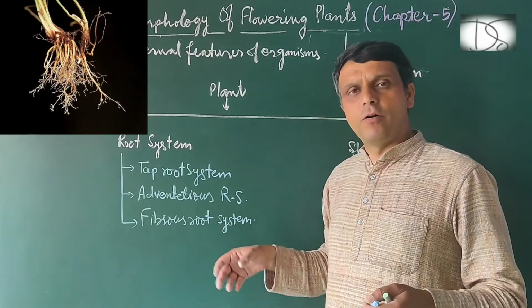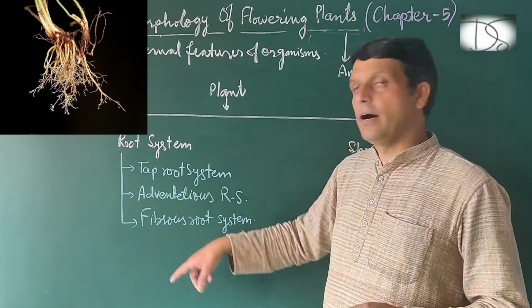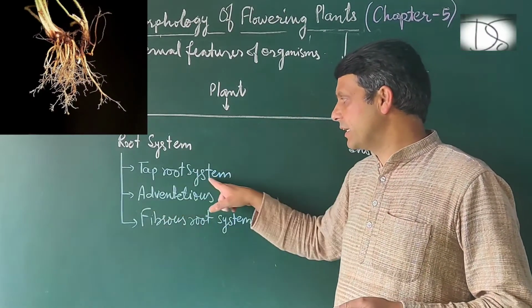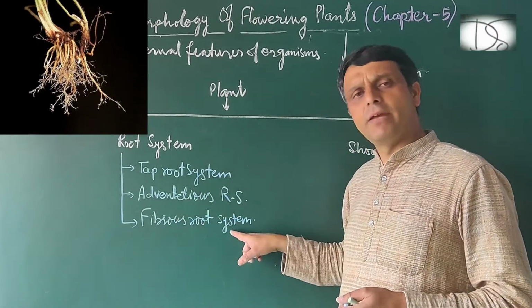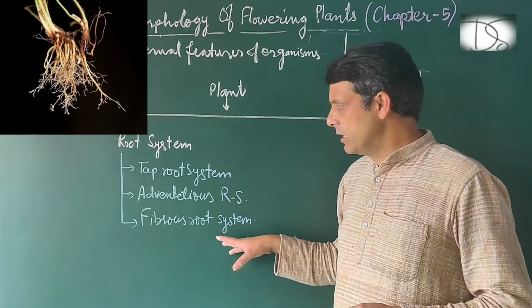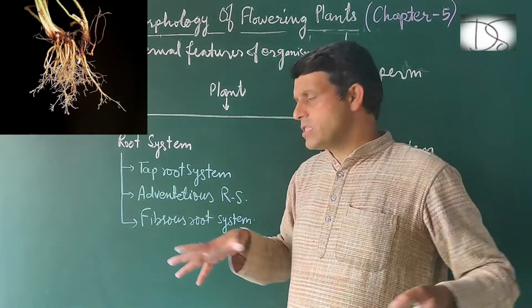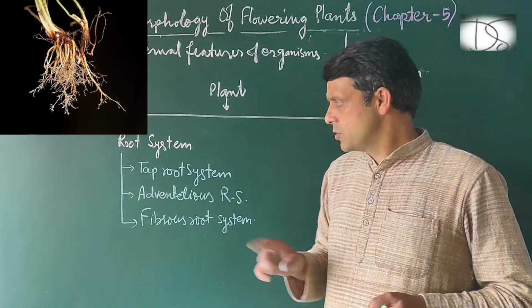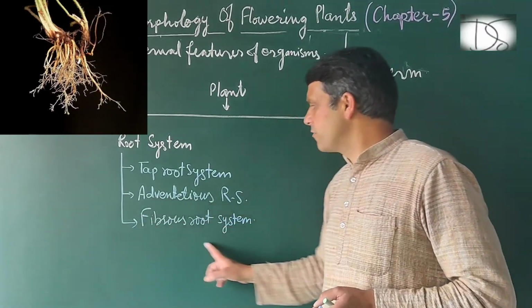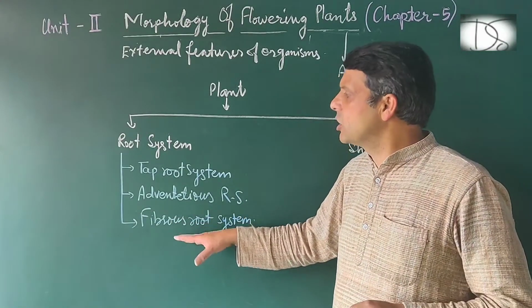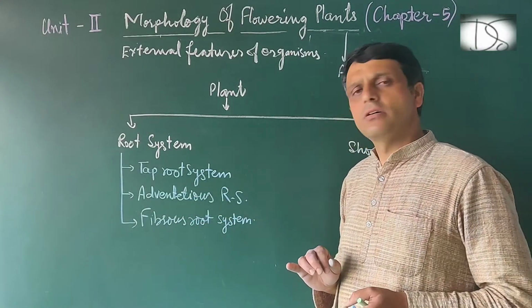Instead of having a main root or primary root like the taproot system, it doesn't have a main root, rather it has many roots originating from the base of the stem. So we call it fibrous roots, and generally it is included under the adventitious roots.